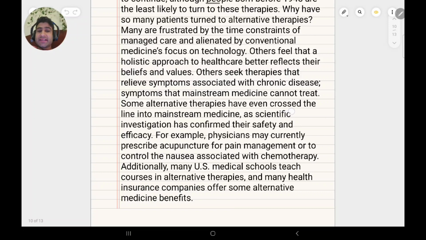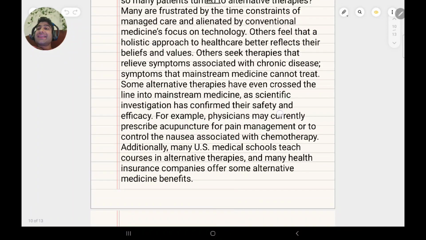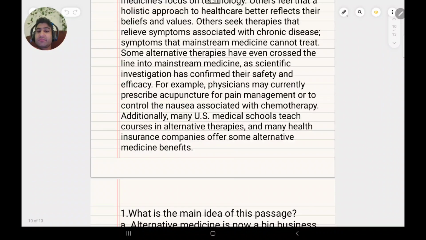Some alternative therapies have even crossed the line into mainstream medicine. Means the alternative ones have also got approval that now they will be a part of medicinal treatments, as scientific investigation has confirmed the safety and efficacy. Efficacy is something which is very, very efficient, right? For example, physicians currently prescribe acupuncture for pain management or to control the nausea associated with chemotherapy.